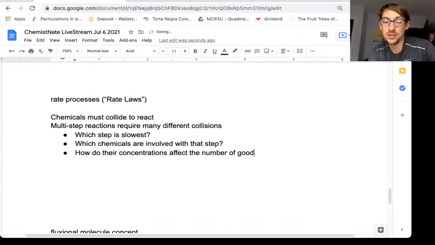I'm going to use the word "good" here. A "good" collision is one that results in a reaction. I'll put that in scare quotes, to make you feel like there's something else going on there.